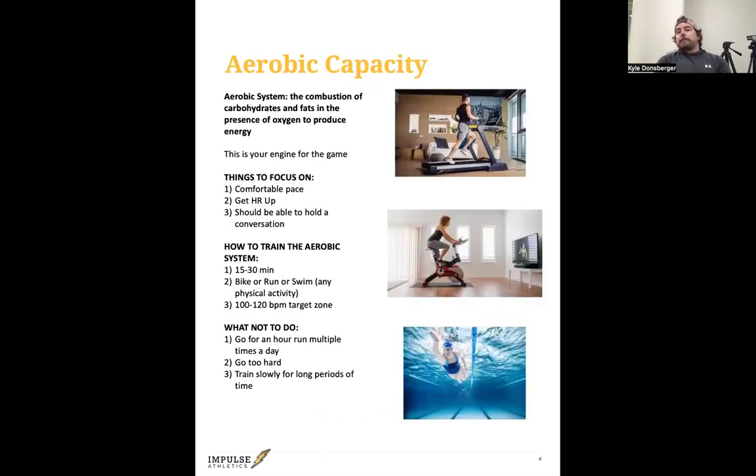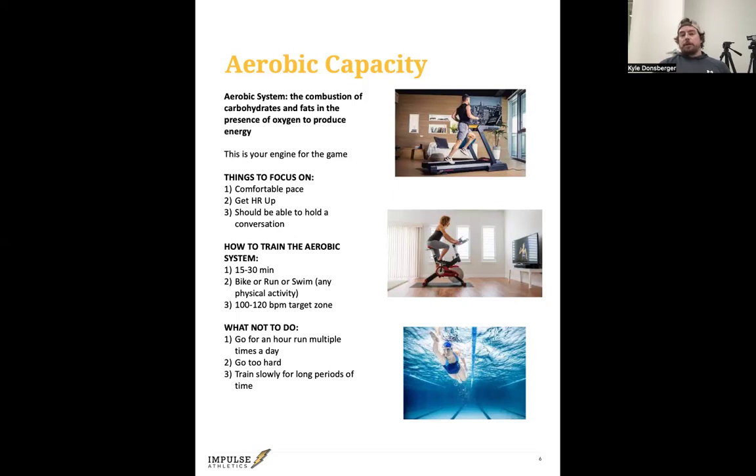So when we're looking at aerobic capacity, the aerobic system is the combustion of carbohydrates and fats in the presence of oxygen to produce energy. What does that mean? That means we're focusing on burning carbs and fats while using oxygen. This is your engine for the game.